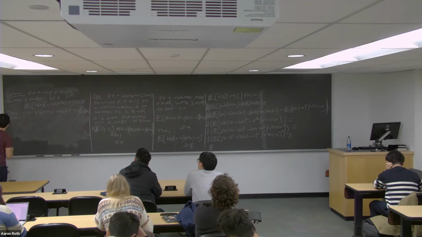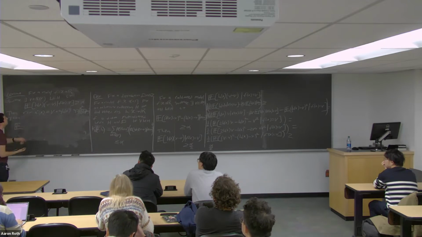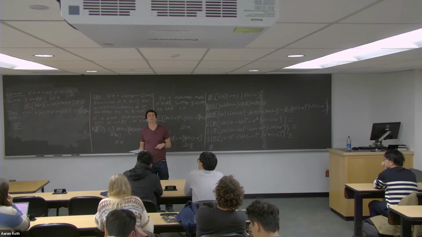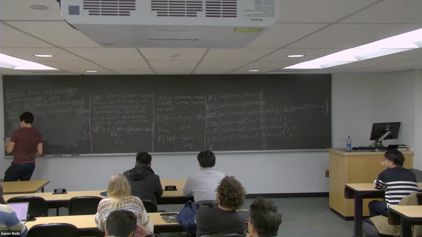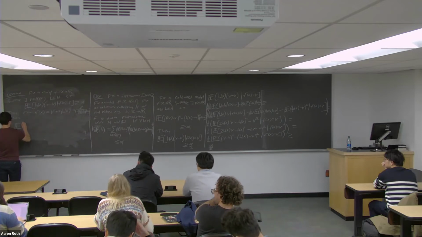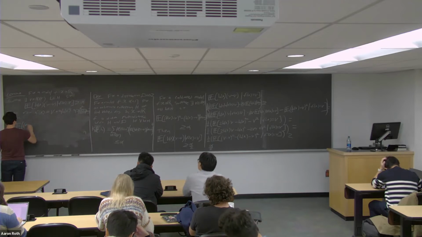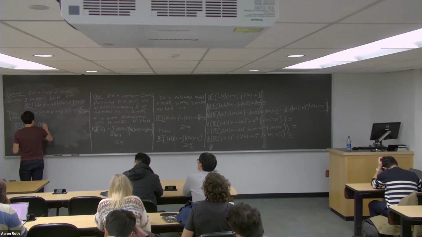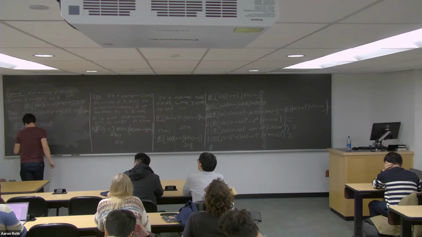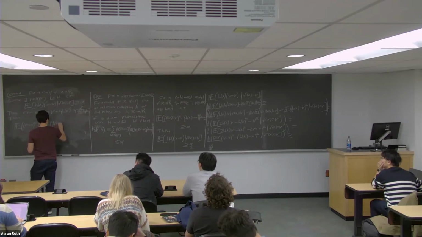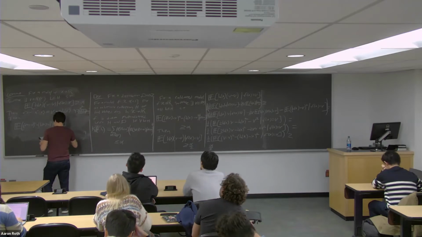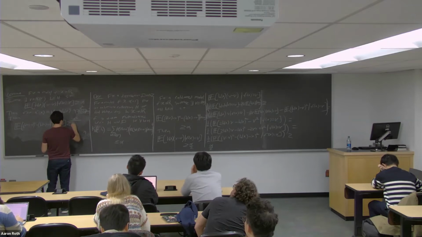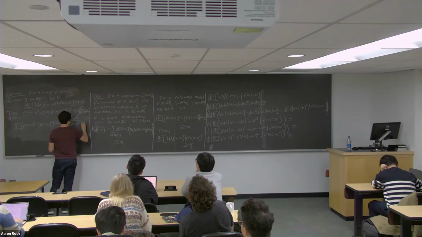Then h prime predicts better than f on this level set by a non-trivial amount. If I look at the expected difference between the squared error of f on this level set and the squared error of h prime on this level set, then this is not nothing. It's at least alpha squared over the expected squared magnitude of h on this level set.